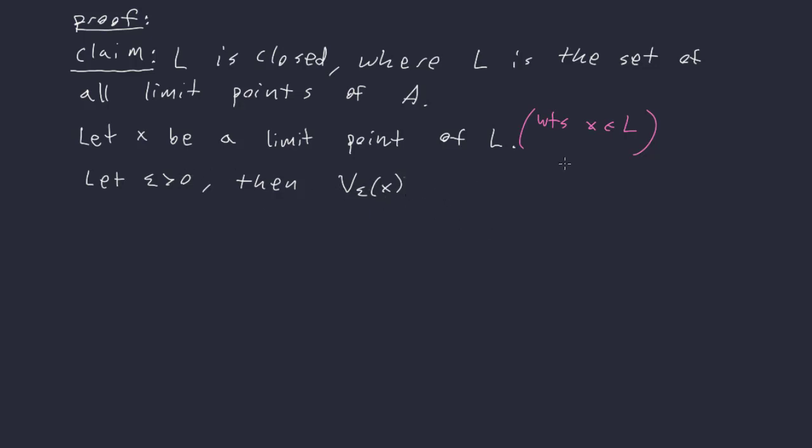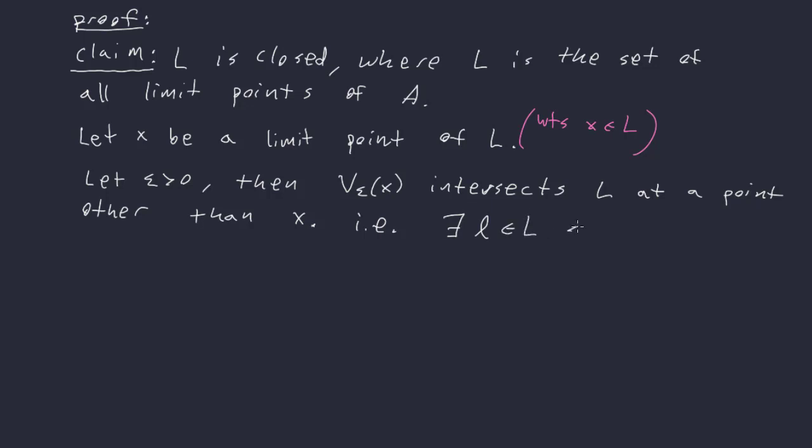The epsilon neighborhood V sub epsilon around X intersects L at a point other than X. In other words, there exists a little l in big L such that little l is also in the epsilon neighborhood around X.